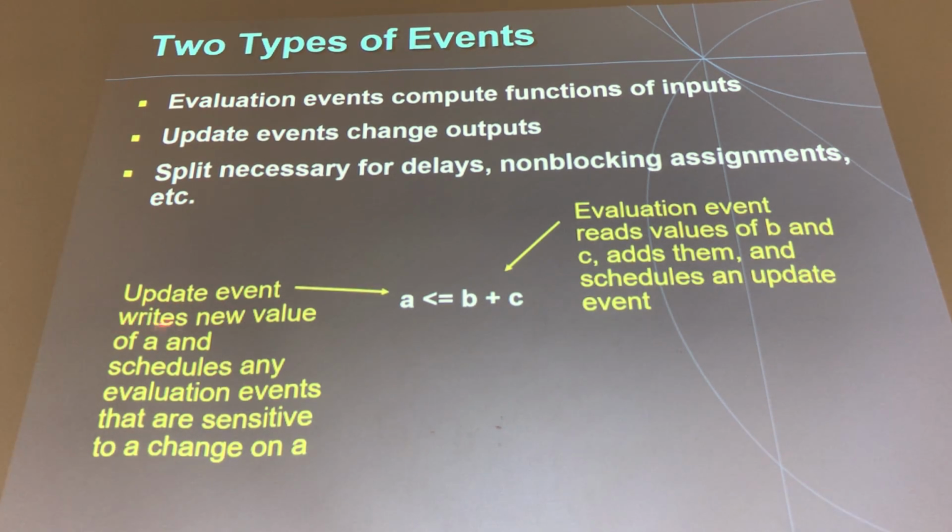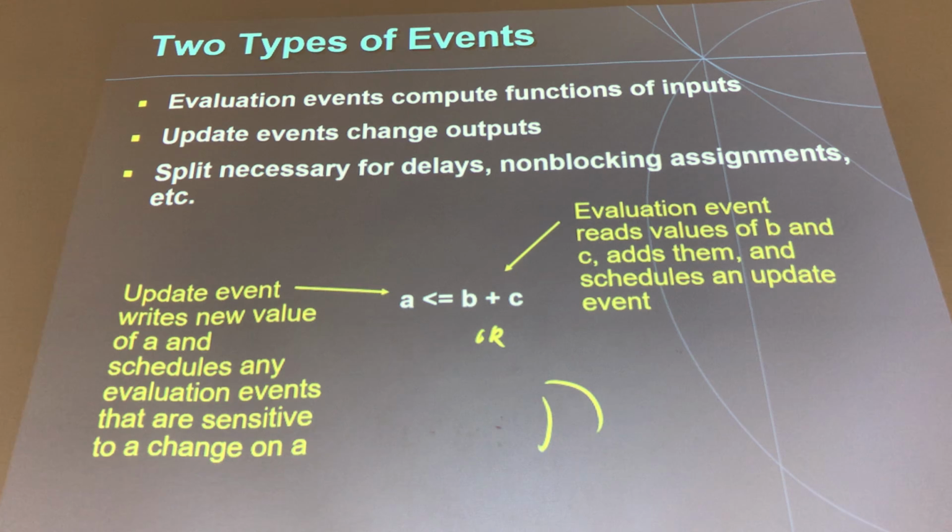Update event: write the new value of A and schedule any evaluation event that is sensitive to a change of A. So this is all, okay, this is all.